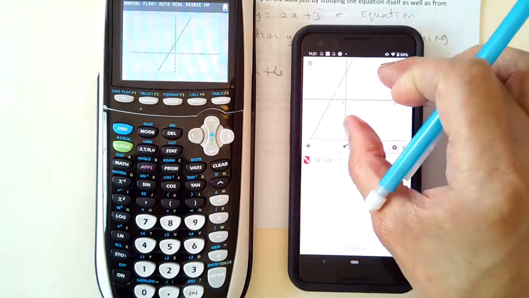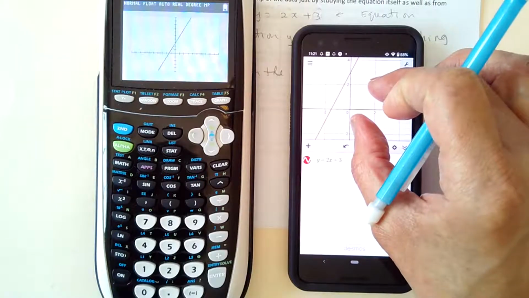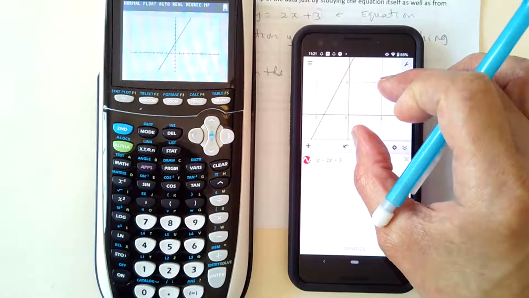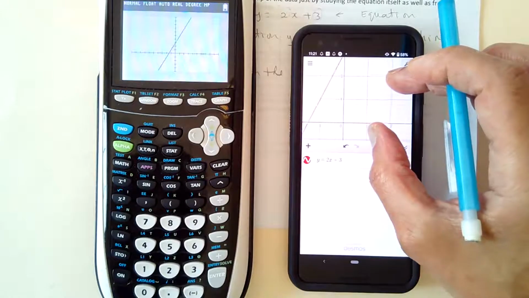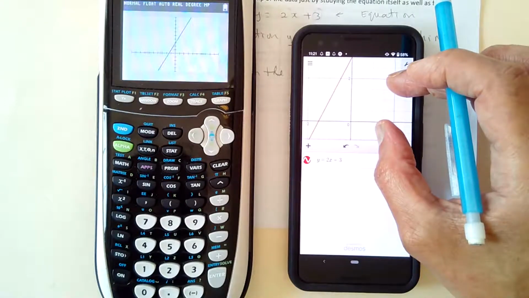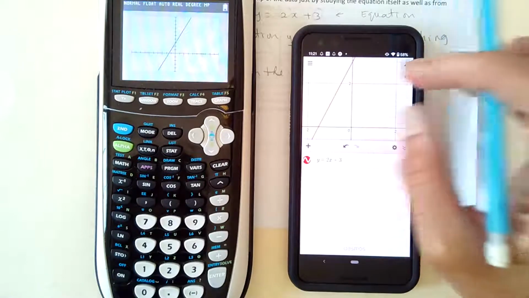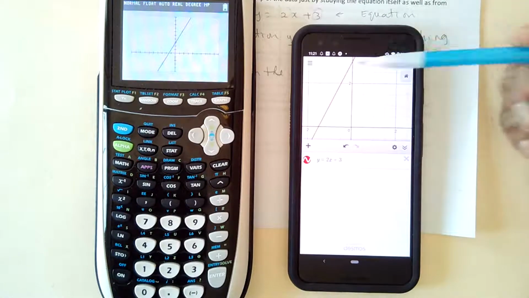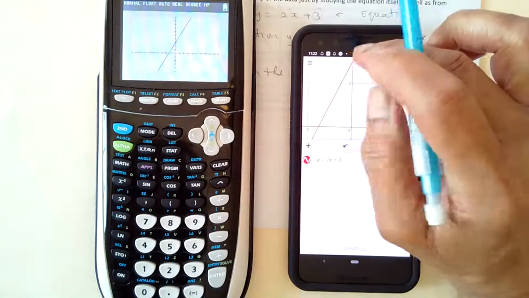If I were to zoom in here in the Desmos, this is your point on the line, which is 0, 2, and I can tap on it.